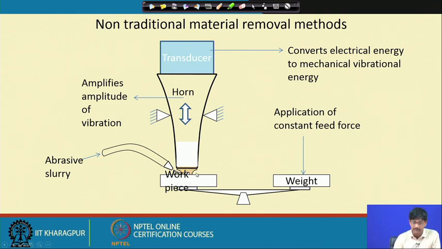This is the workpiece, which is typically glass. I am just writing examples: glass, ceramics, etc. On these we press the tool against the horn by applying a weight here.